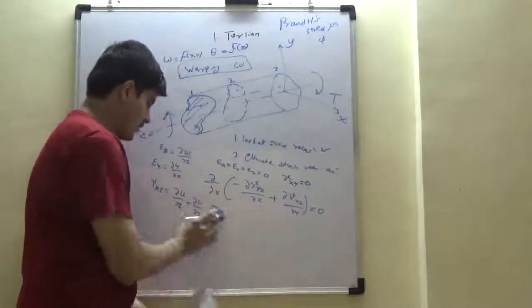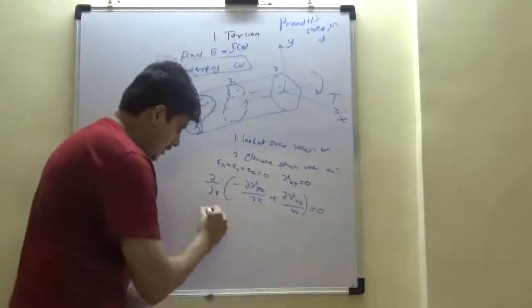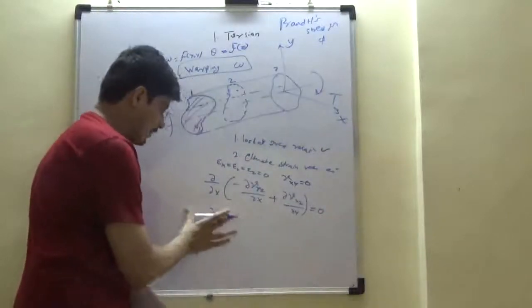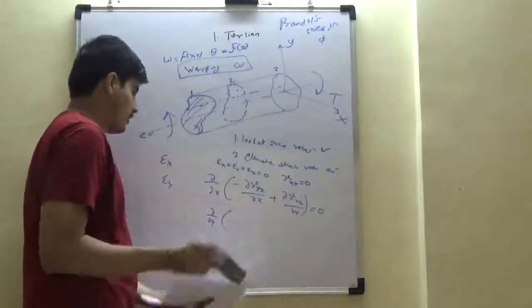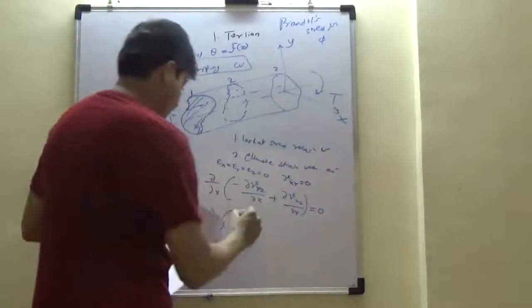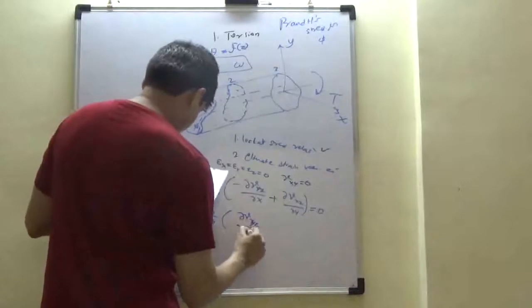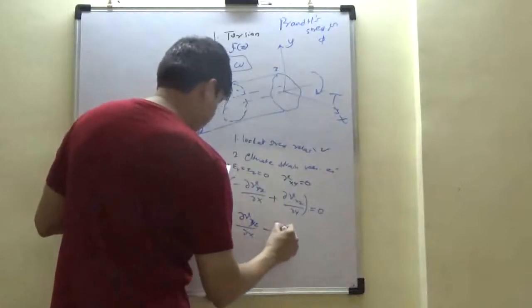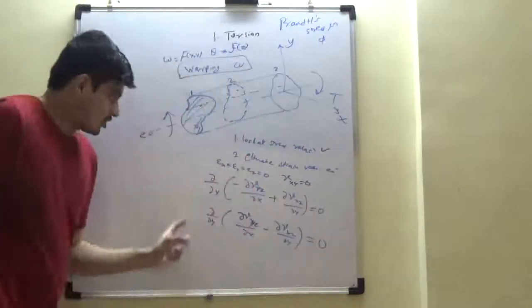Del by del x of this is 0, and the second relation is, of course, del by del y, because remember epsilon x and epsilon y are 0. So these double differentials, these two equations will finally give me del gamma yz upon del x minus del gamma xz upon del y is equal to 0.